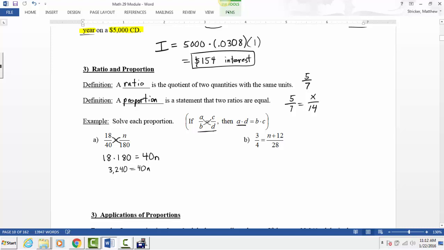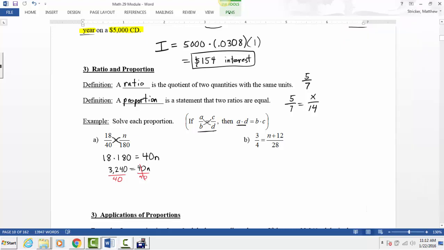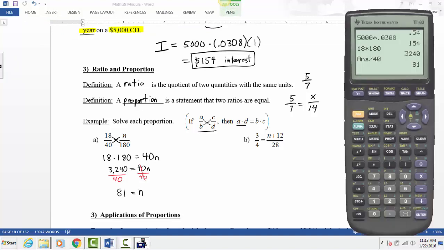And then we divide by 40. Divide that answer by 40, and we get 81. So my n is equal to 81.